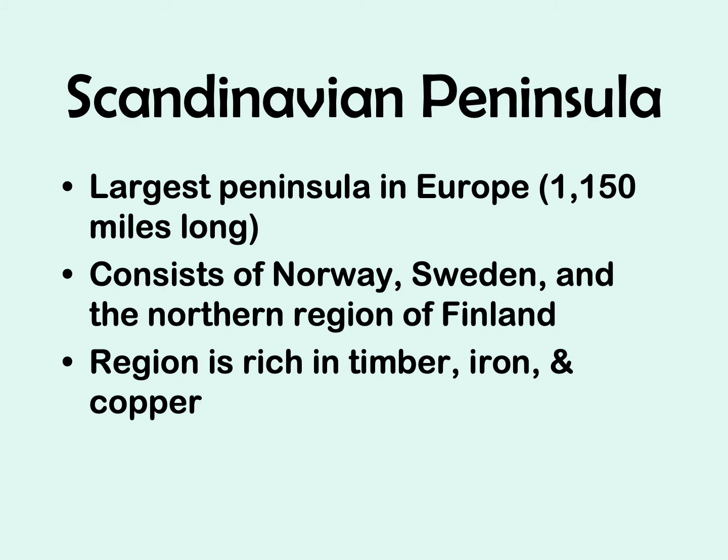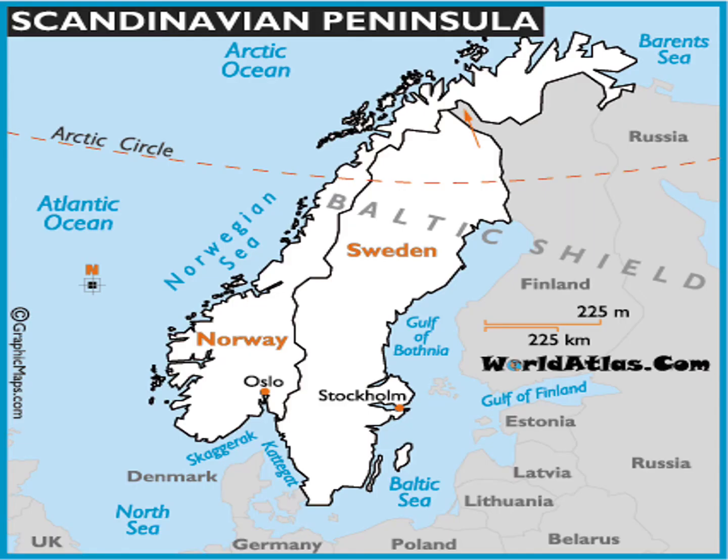This region is going to be rich in timber and iron and copper, which is good because we're going to be able to trade those on the Atlantic Ocean, the Norwegian Sea, and the Baltic Sea. So all of those, timber and iron and copper, are going to be traded. We see that little picture of Norway and Sweden.